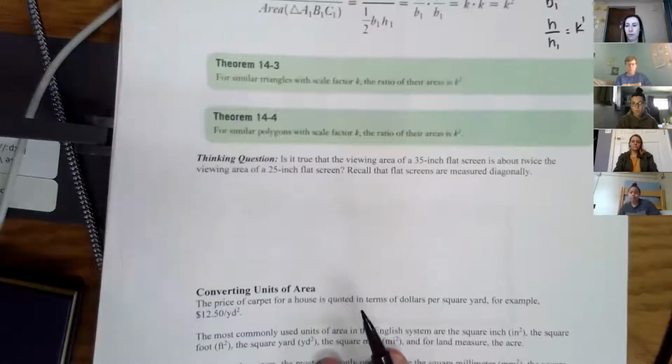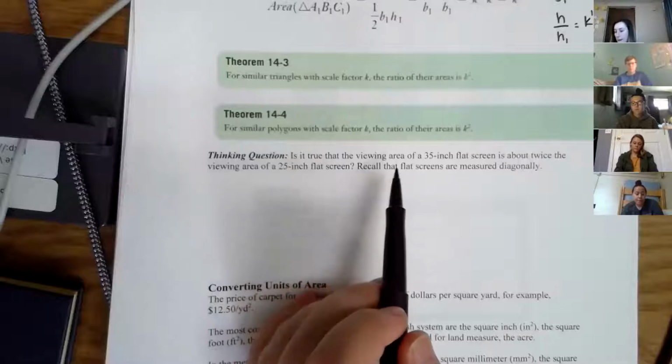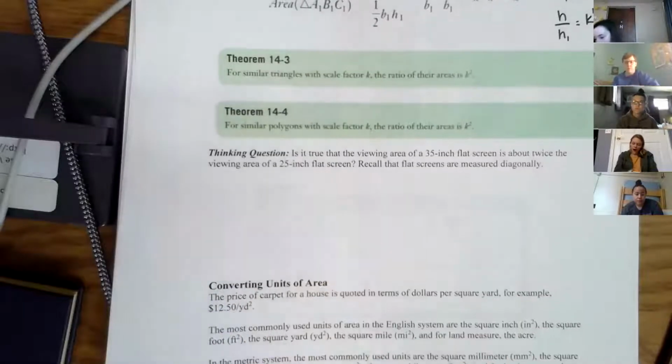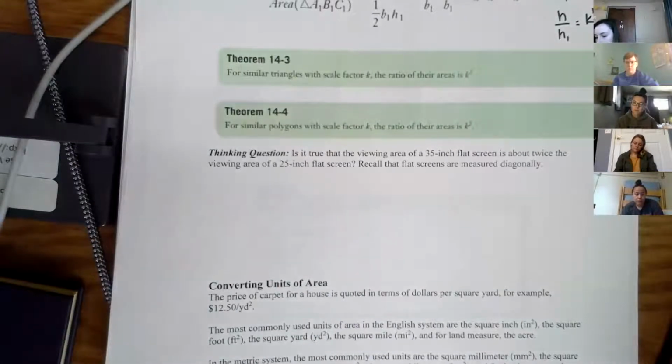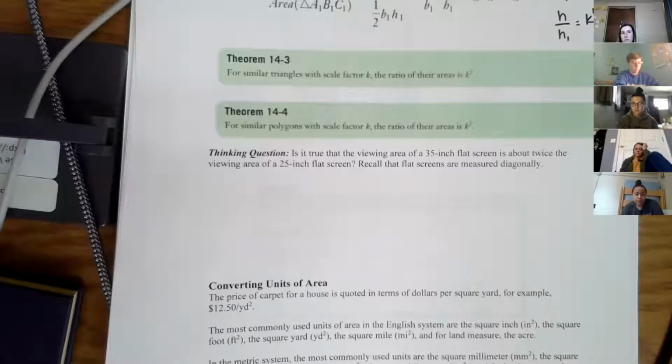So this is a thinking question. Is it true that the viewing area of a 35-inch flat screen is about twice the viewing area of a 25-inch screen? We're talking about TVs being measured by their diagonals, that's how they measure TVs now.